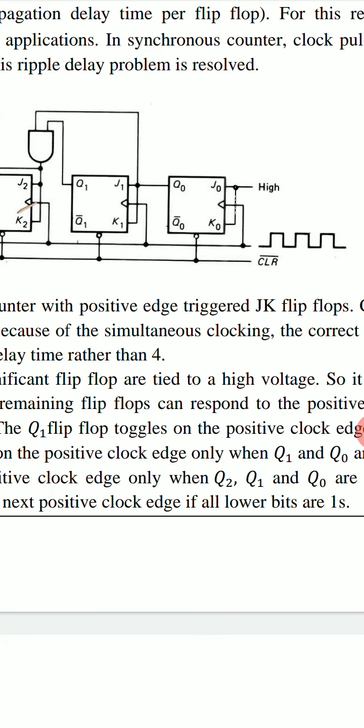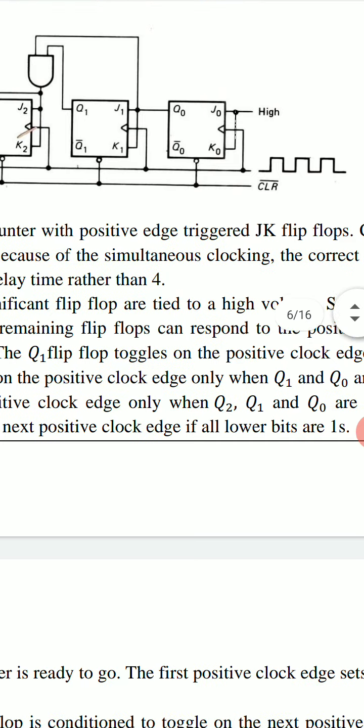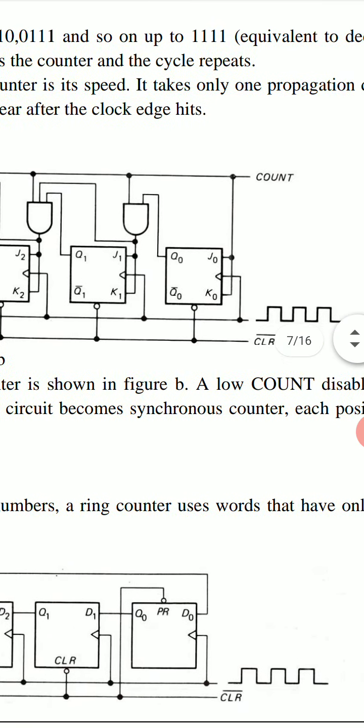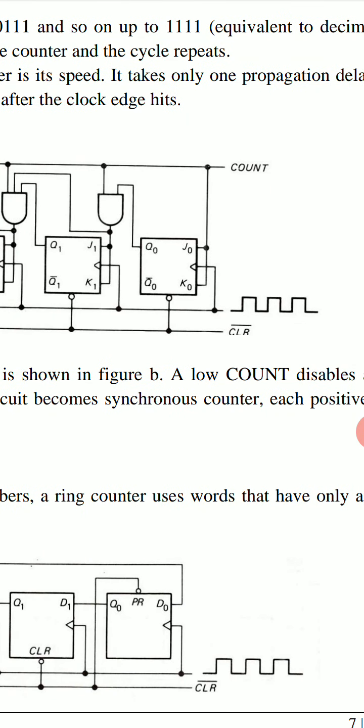J0 and K0 are connected to high. Now J0 and K0 are connected to a control signal that we write as count. It may be high or low.